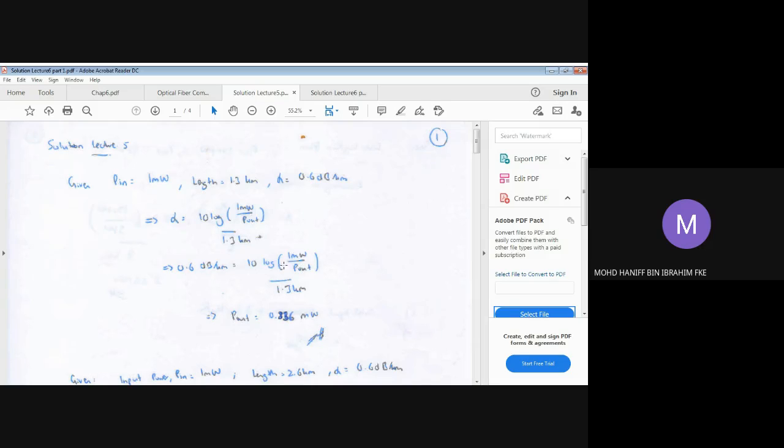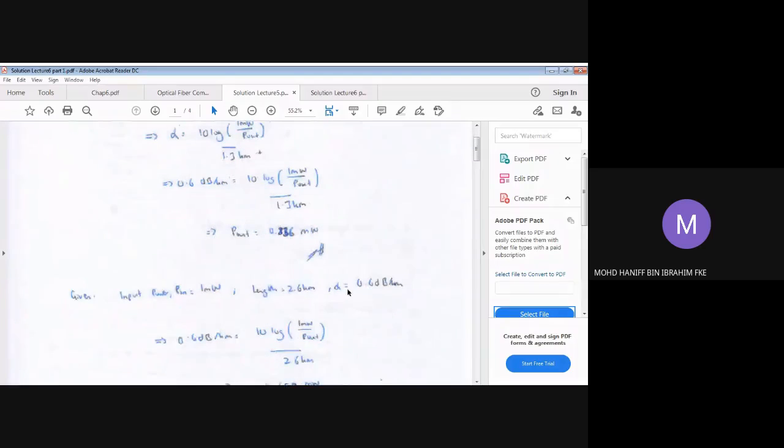By manipulating the equation, we find that the output power, measured after 1.3 kilometers of the fiber, is 0.836 milliwatt.